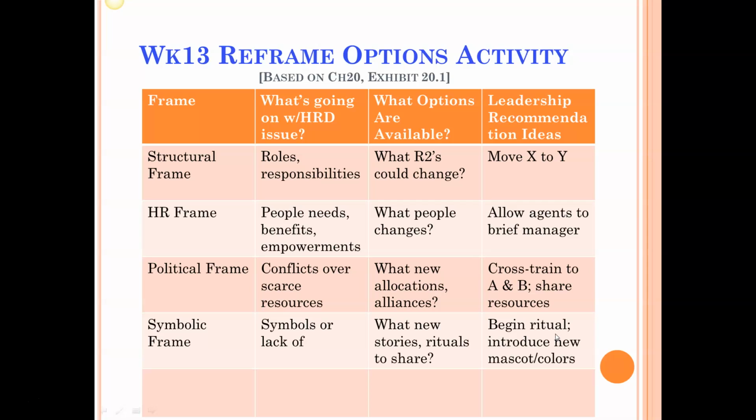Maybe it's a ritual of an award ceremony at a particular time in the year. Maybe it's a particular safety ritual, or identifying employees at certain times and calling their good work to be showcased.